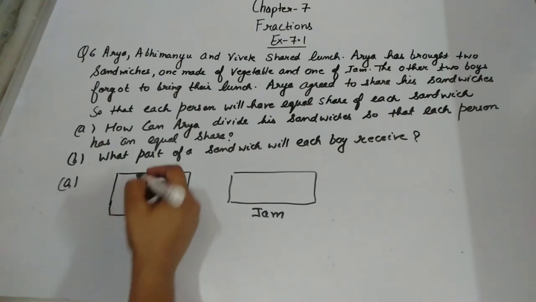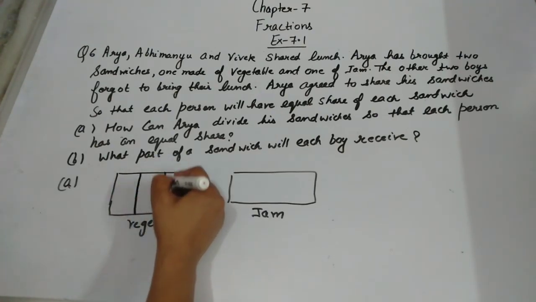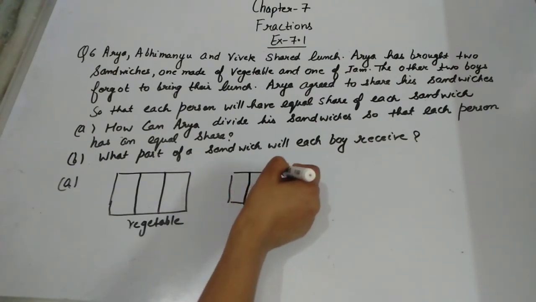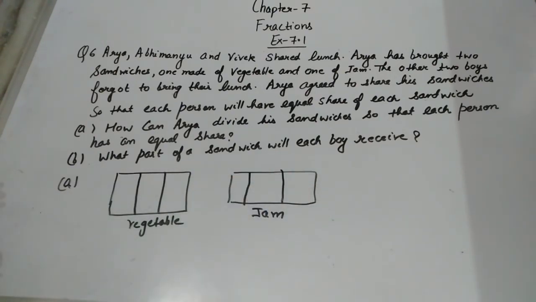See, in three equal parts. So Arya will divide each sandwich into three equal parts and give one part of each sandwich to each one of them.